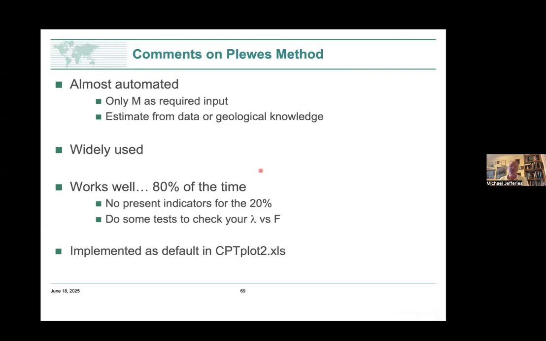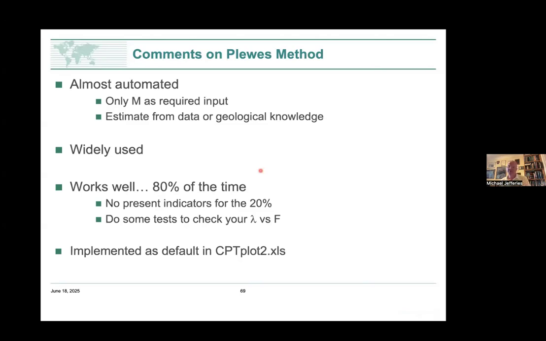And it's widely used. You'll find this, it's called the Plewis method. Even in post-mortem investigations of dam failures, the Plewis method is everybody's starting point. The problem with the Plewis method: it works well, in fact unbelievably well, 80% of the time. The problem is, at the moment, we do not know any indicators for the 20% of the time where it doesn't work that well.